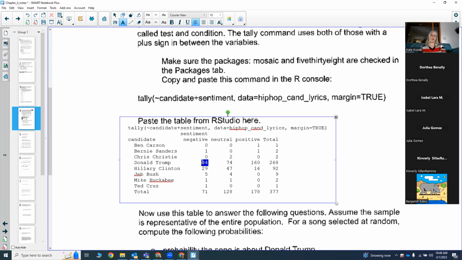So I don't want to count that 34 again. So I've got the 71, which includes that 34. Then I've got this 74, this 160 also. So the probability for Donald Trump or negative would be the 71 that were negative plus this 74 and this 160. I don't want to count this 34 because then I'm counting them twice.